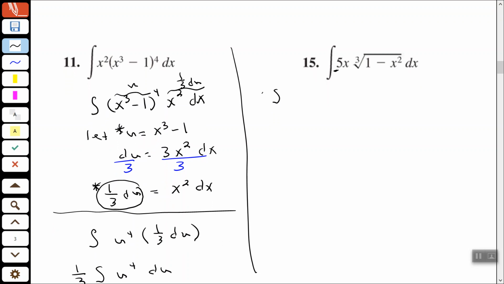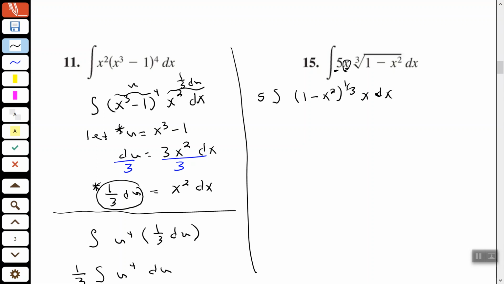So let's say 5, and then let's write this in fraction notation, 1 minus x squared raised to the 1/3, and then take this x and move it by the dx. So I brought the constant multiple out front, rewrote the radical in fraction notation, and then moved the x by the dx.